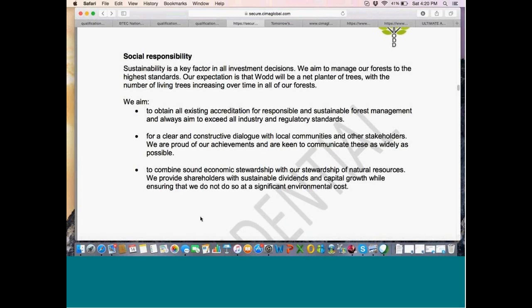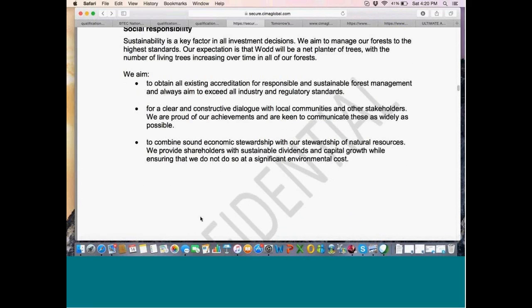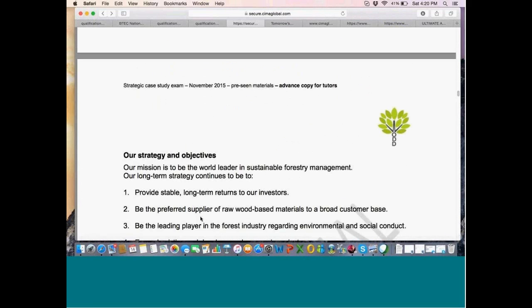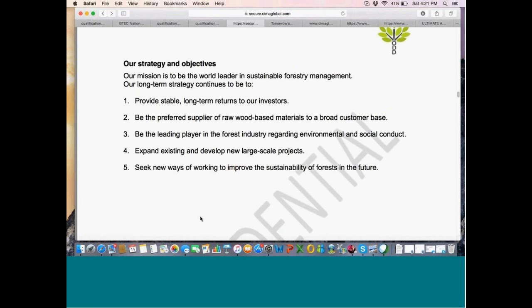Okay, so let's go to the next one. Our strategy and objective. This is a very good foundation for you to think about where this Wood company is planning to go. Our mission is to be the world leader in sustainable forestry management, right? If you want to be a world leader, you're talking big.